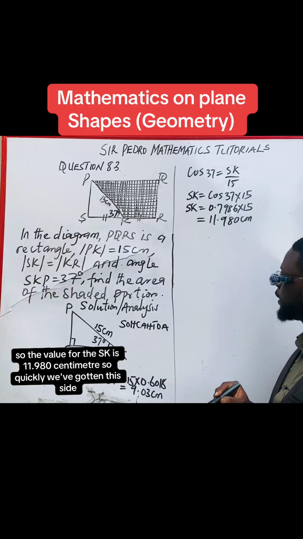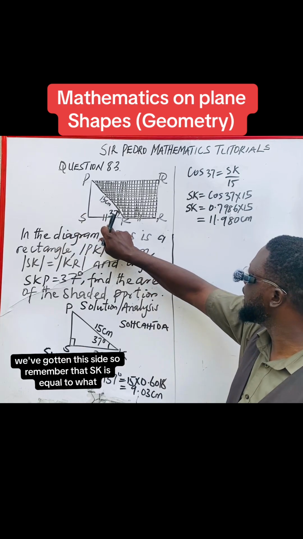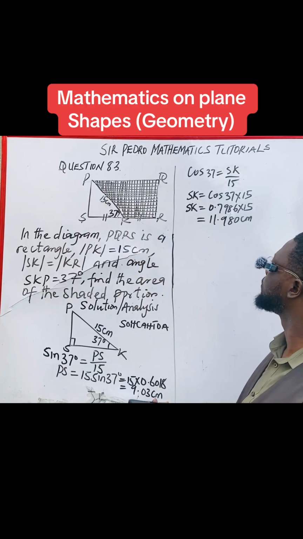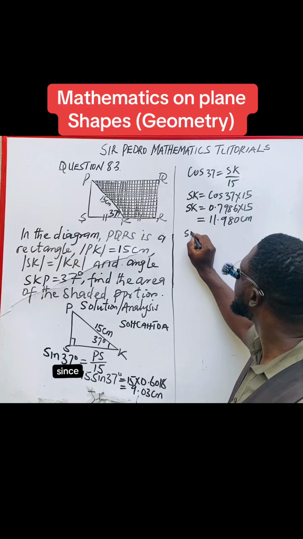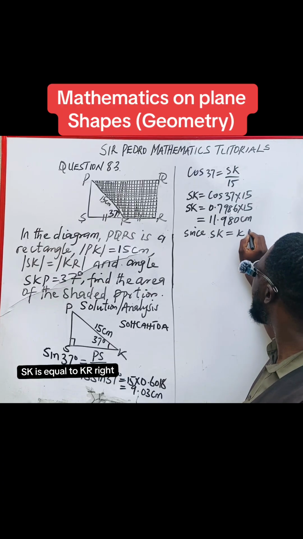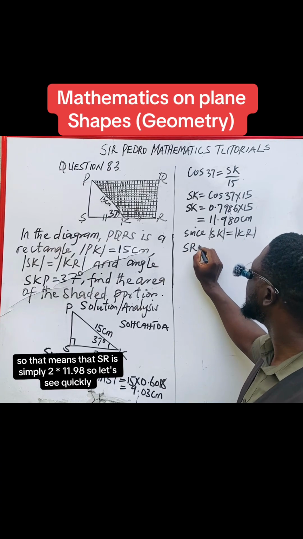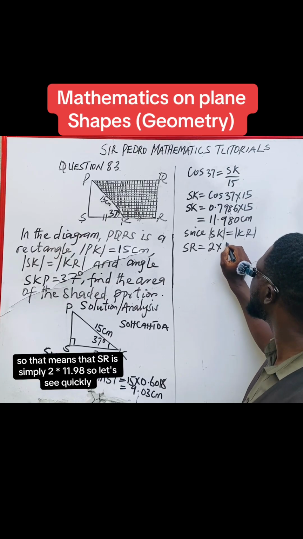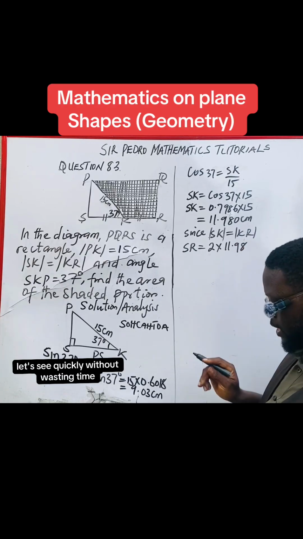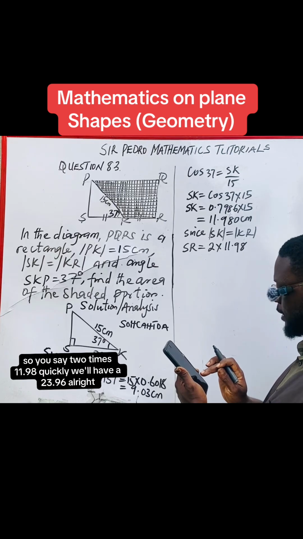So quickly, we've gotten this side. Remember that SK is equal to KR. So that means SR is simply 2 times 11.98.